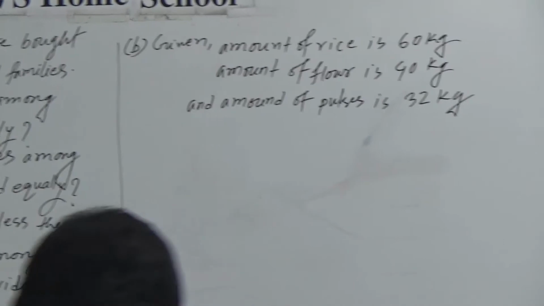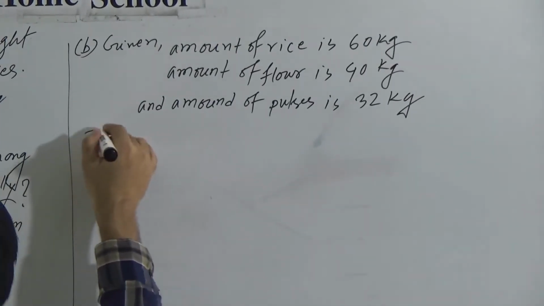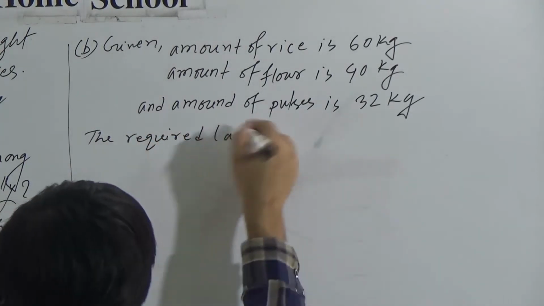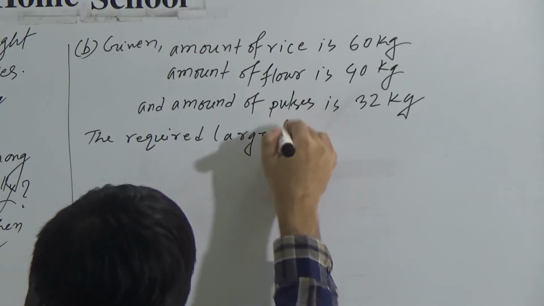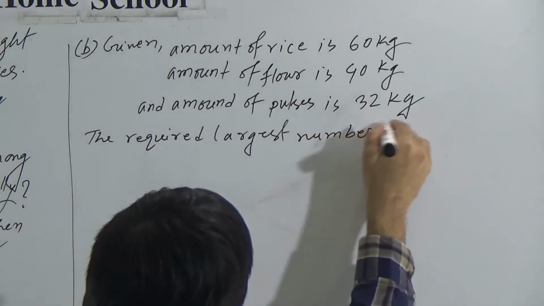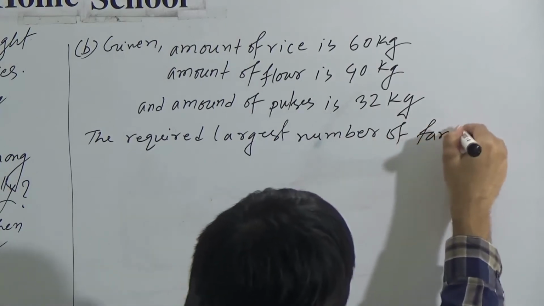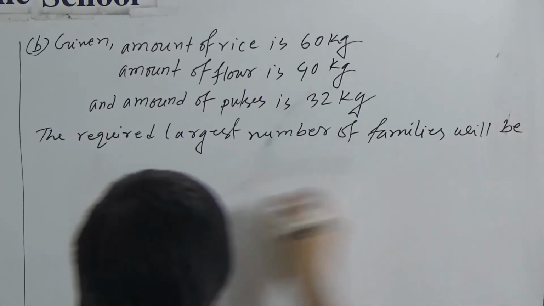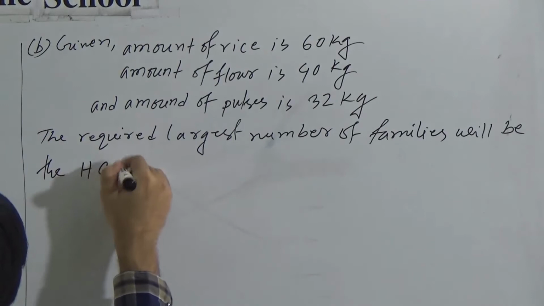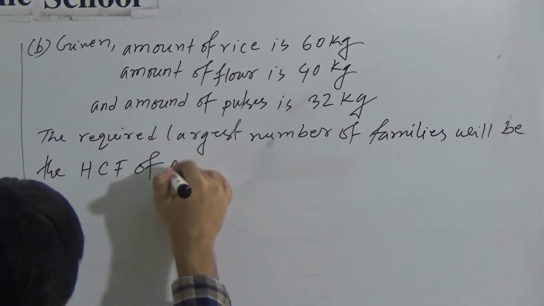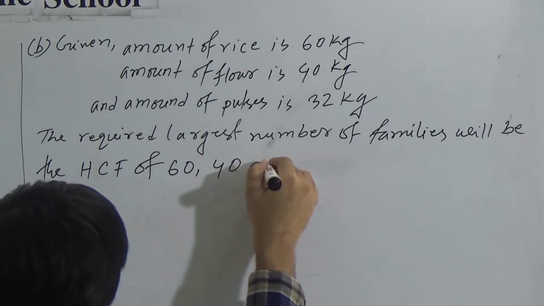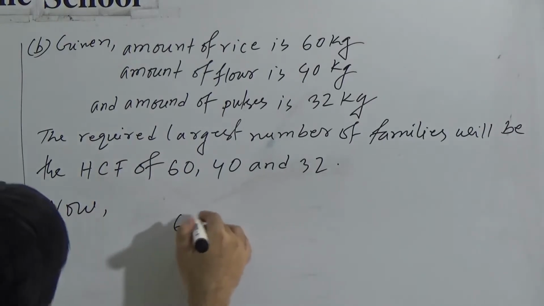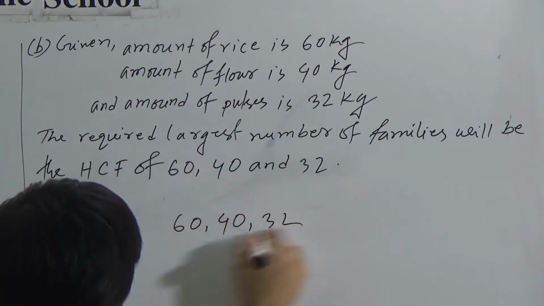So I can write, the required largest number of families will be the HCF of 60, 40 and 32.